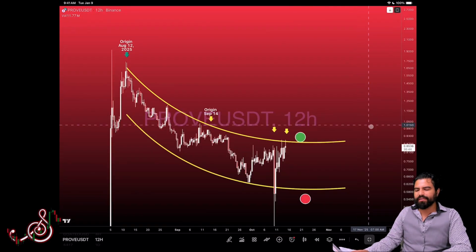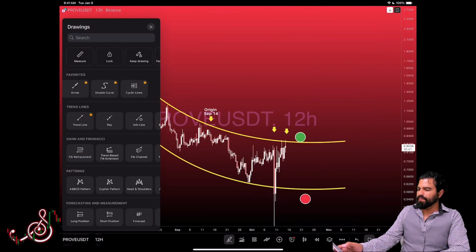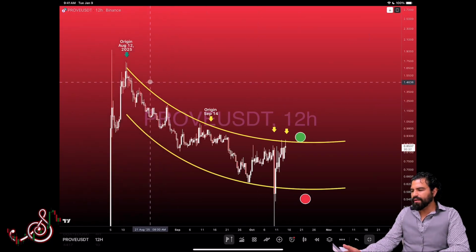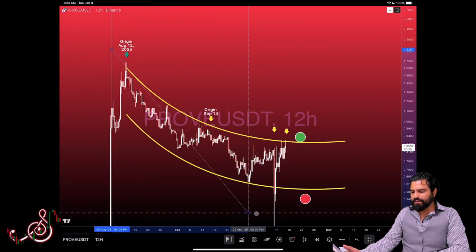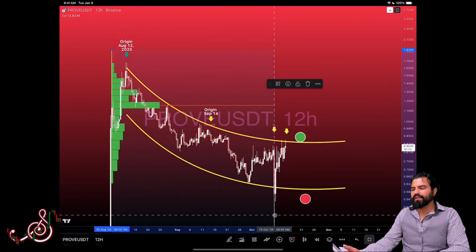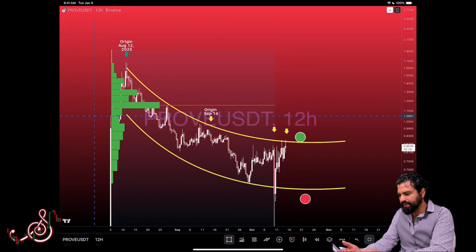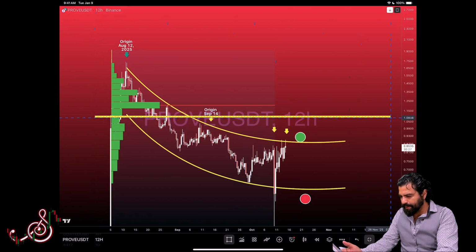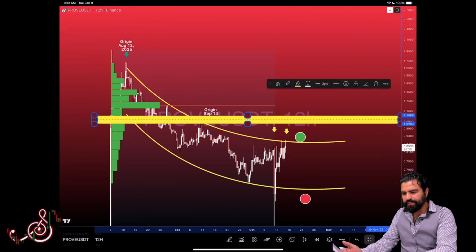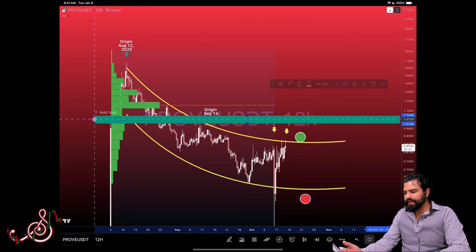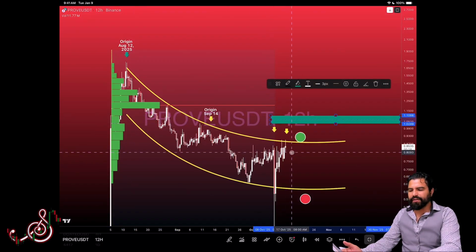Let's do our target system. And then I'm going to go a little bit further. I'm going to go from the top to the bottom, and we're going to try to see where the target is. In this case, it's confirming more weakness. Here's our target, right there based on our target system. It's telling us we're in a negative spot being underneath here.